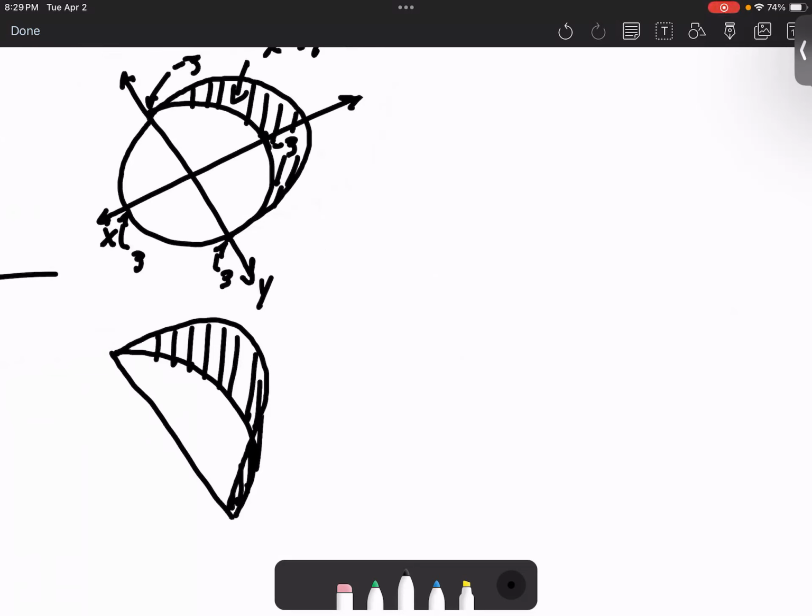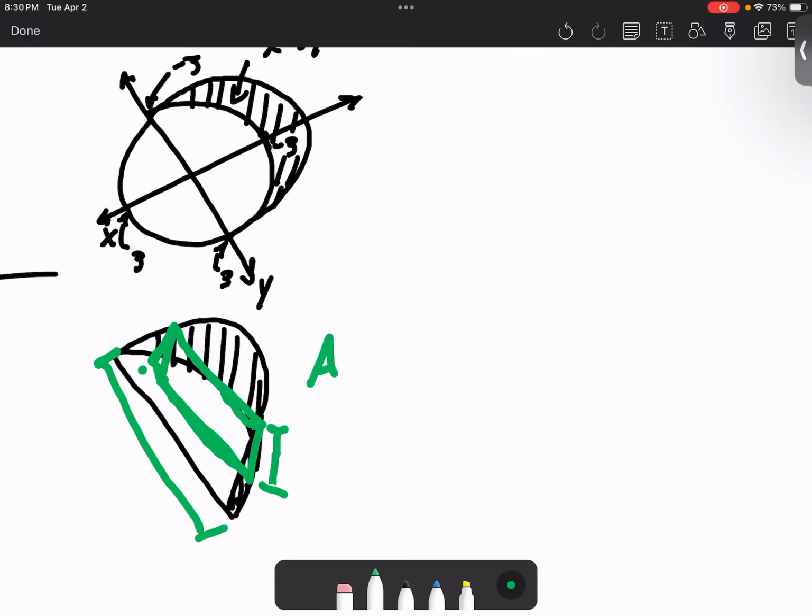Okay, so let's try to compute this volume. I'm going to think of this area as slices in the y and z. In the y, that's the length of this, and the z is the height. So the question is, how can we get the height, and how can we get the length? These will be dependent upon where we are on the x-axis.